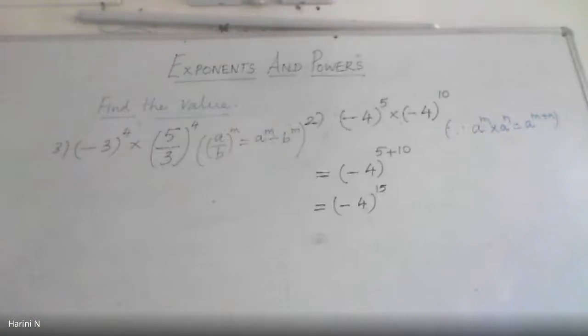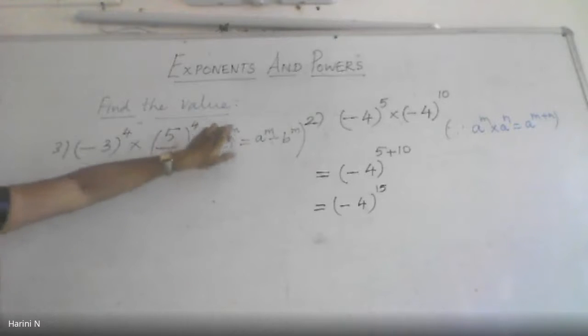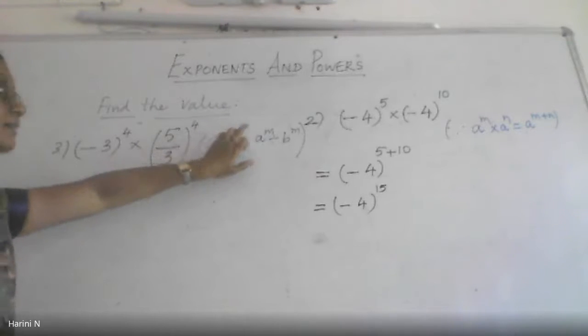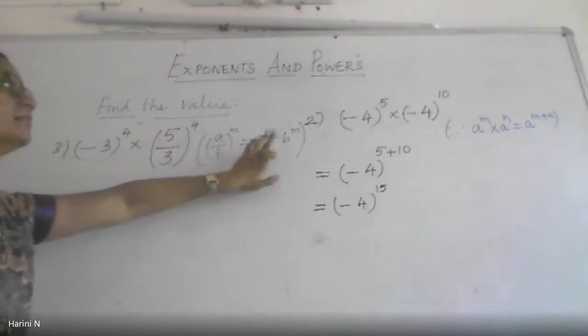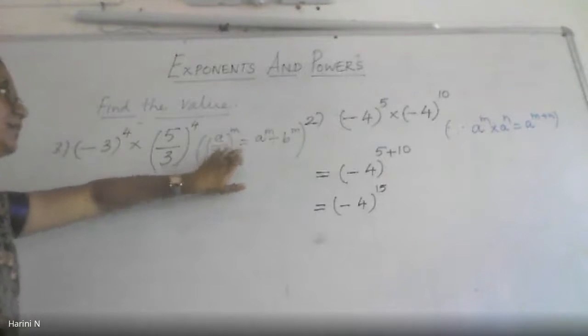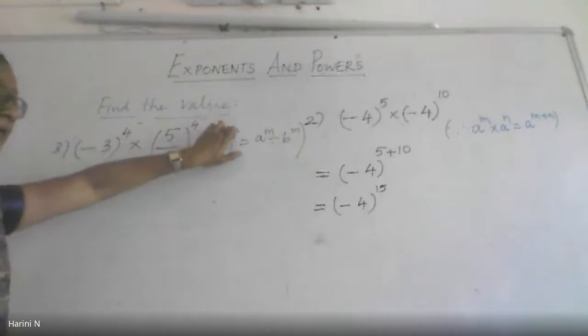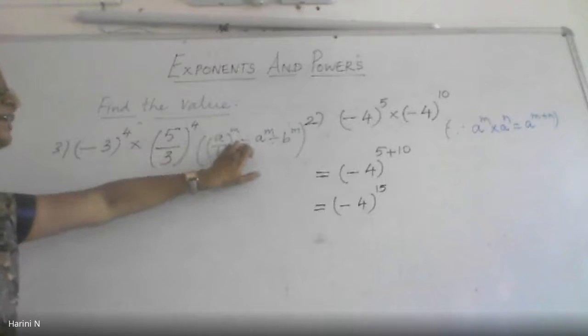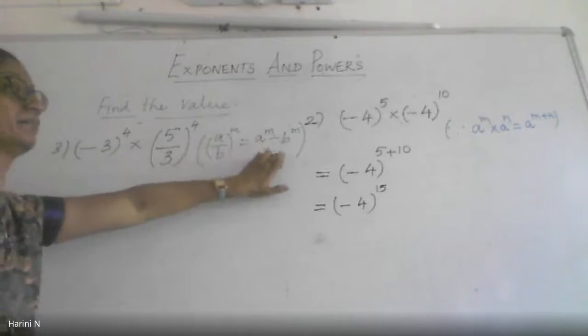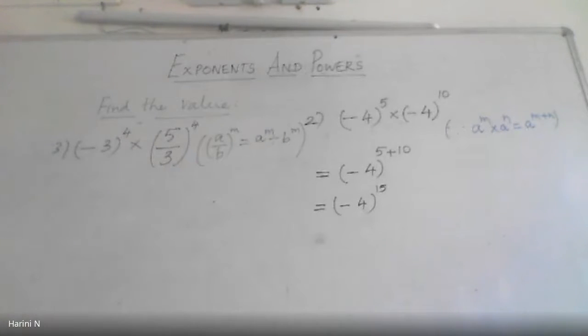Am I right? If I have two bases which are different but the exponents are the same, then the division can be seen like this. A to the power m divided by b to the power m will be equal to a by b to the power m, or if I am given a by b to the power m, I should know it can be written as a to the power m divided by b to the power m. So that's exactly what I'm going to do now.